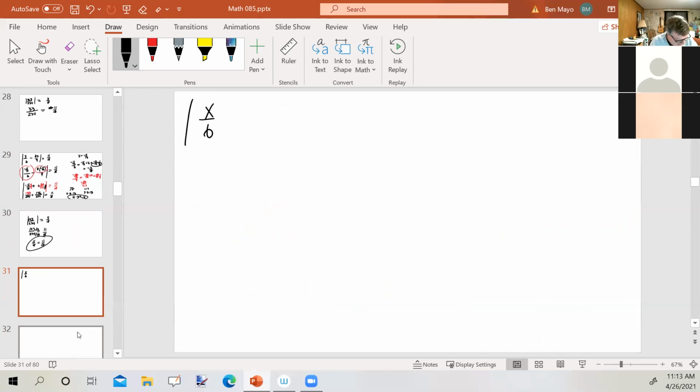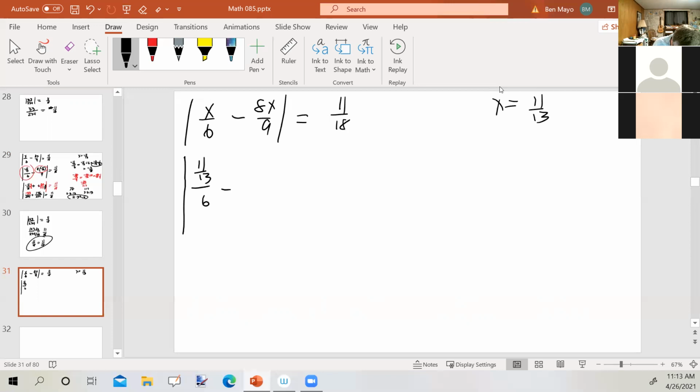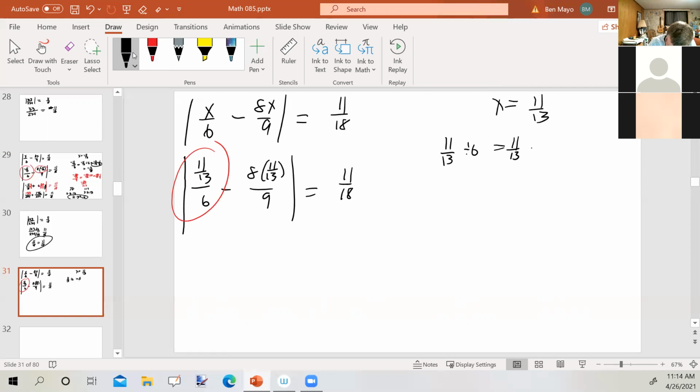x over 6 minus 8x over 9 equals 11/18. x equals 11/13. So we're going to get 11/13 over 6 minus 8 times 11/13 over 9 equals 11/18. A lot of it's going to look the same or very similar. So let's take that. 11/13 divided by 6 equals 11/13 times 1/6 equals 11/78.